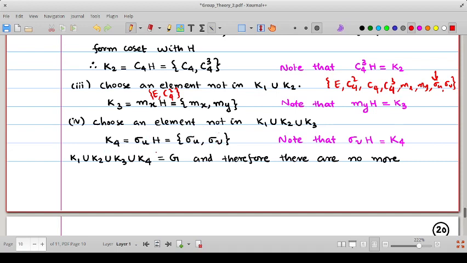Further, I can also take sigma v times H, and I will end up with the same. Now we see that I have exhausted all the elements of the group. I have now got four cosets: K1, K2, K3, and K4. And in fact, the union of all of them is simply equal to the group G itself.